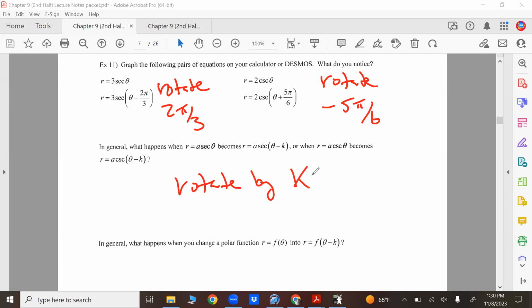And in general, same thing here. I didn't work it out in the interest of time. But if I were to plug in 3 secant theta, and 3 secant theta minus 2 pi over 3, in Desmos, you'll see that kind of rotation happening. So that's all. So the A doesn't matter. No, won't matter.